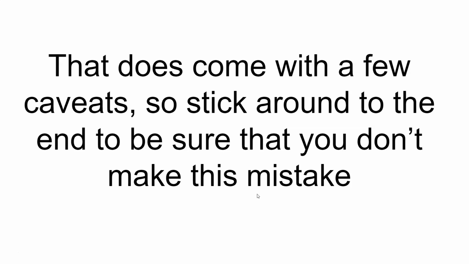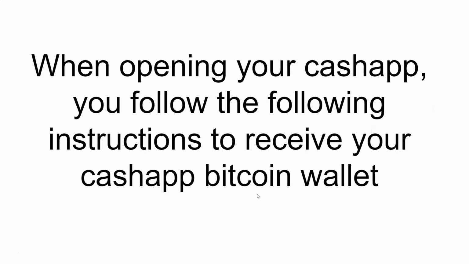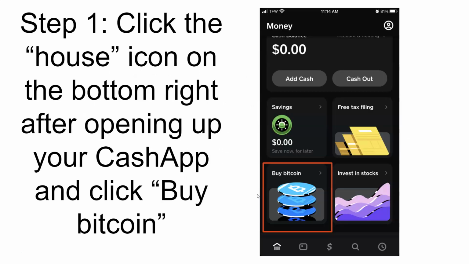That does come with a few caveats, so stick around to the end to be sure that you don't make these simple mistakes. Now, when opening your Cashapp, you follow these instructions to receive your Cashapp Bitcoin wallet. Step 1 is to click the house icon on the bottom right after opening up your Cashapp, and then click on Buy Bitcoin.